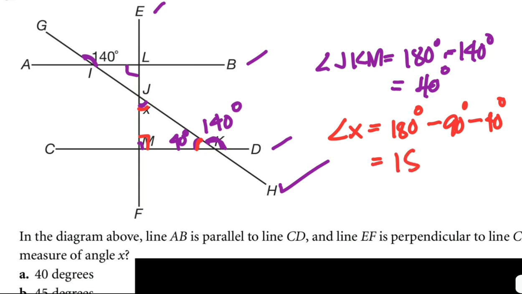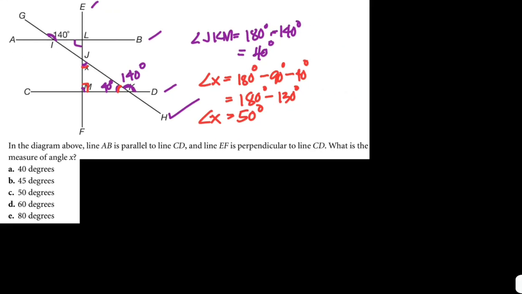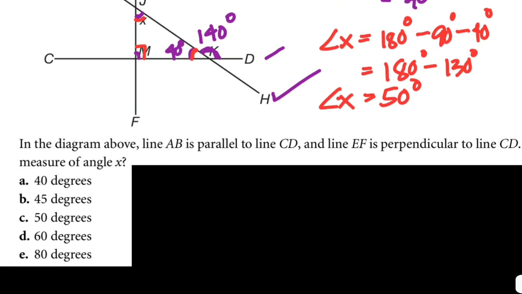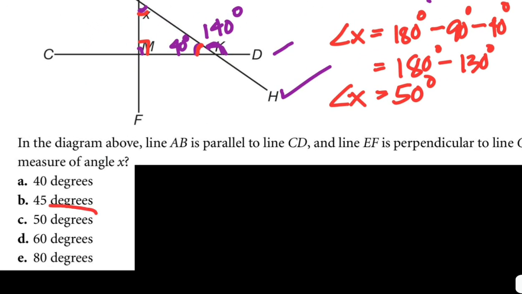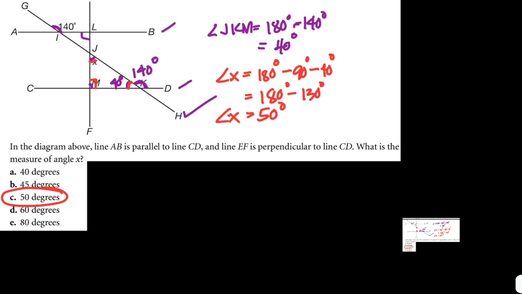And this is 180 degrees minus 130 degrees. Therefore, the measure of angle X is equal to 50 degrees. So the answer here is letter C.